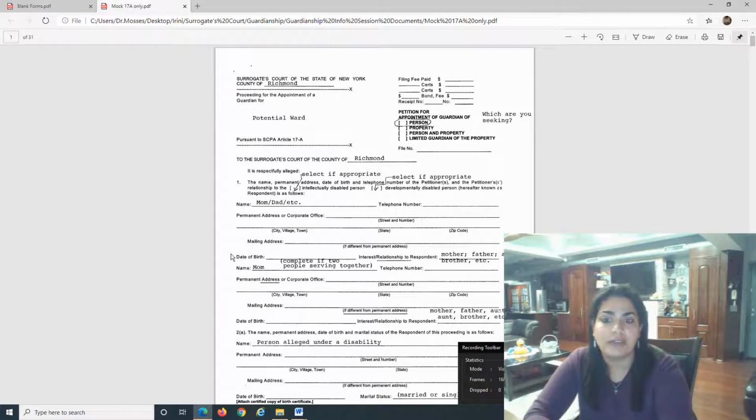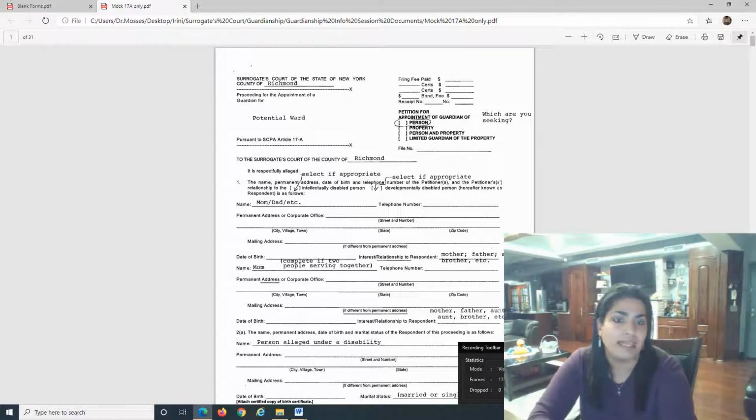This section right here is the petitioners. So we could potentially have one petitioner. We could have two petitioners. So whoever it is would fill this out. So you put the name, telephone number, address, mailing address if it's different, the date of birth of the petitioner, and the interest. Who's the interest? Who's this person coming in and petitioning for these documents?